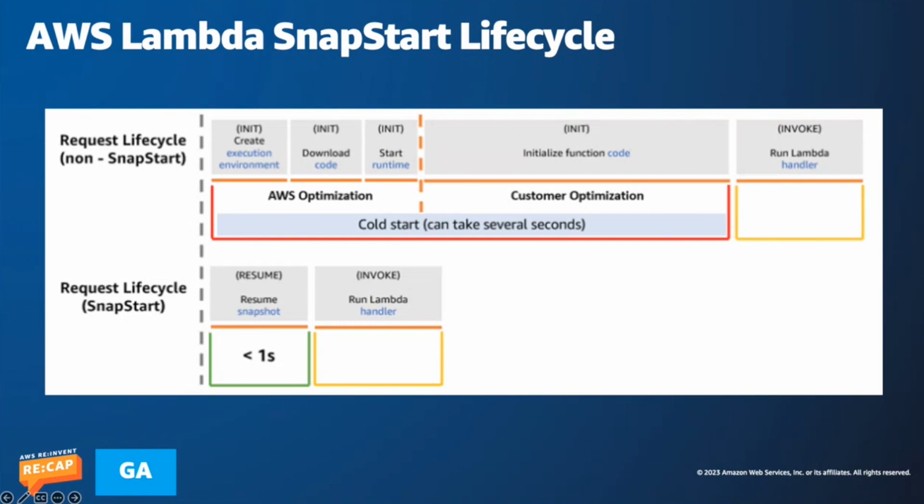So this is functionality which really helps those developers that are struggling with the cold start, which is the time taken for creating the execution environment, downloading the source code, and initializing some of the things that a developer has added during the initialize phase of a specific Java function.